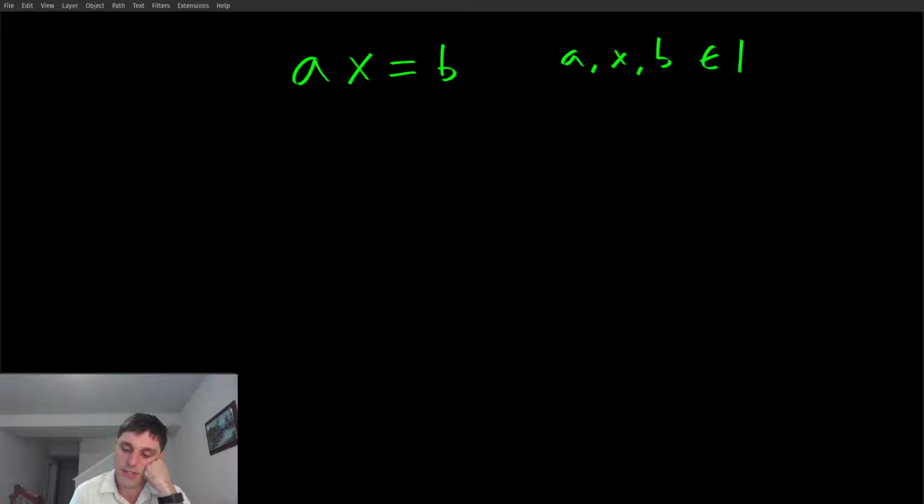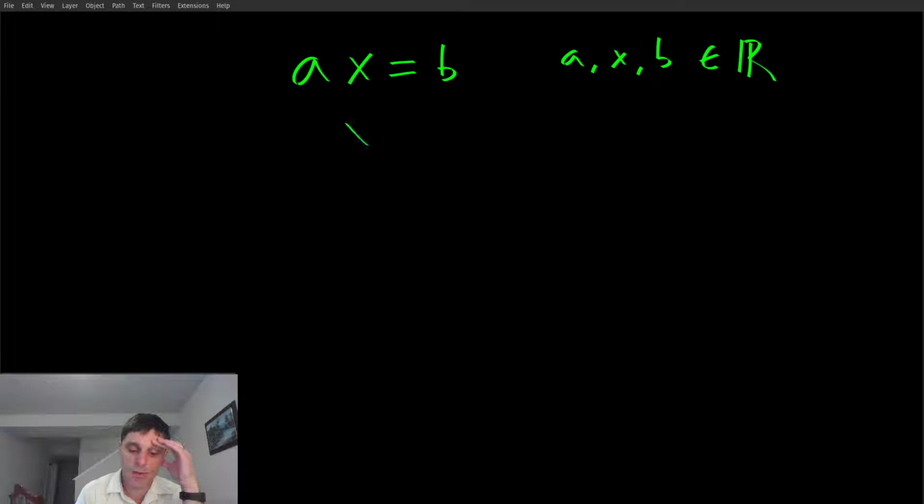start by recalling when we were talking about solving a system with just a real number equation. We talked about this one before, where we said, we have a times x equals b, where a and x and b are all just real numbers. And we said, we're solving for x.